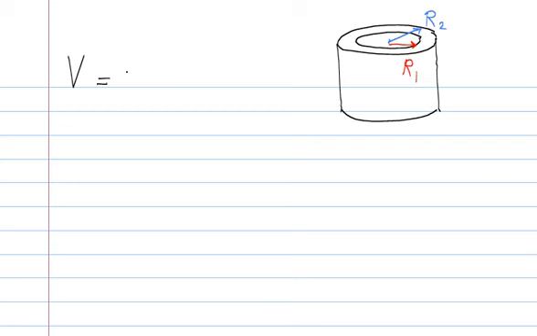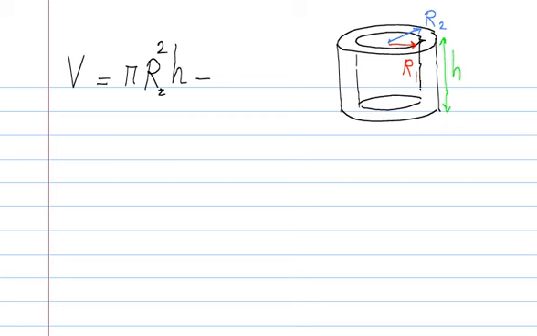You remember the volume of a cylinder was pi radius squared times the height. So for the outside, the radius will be R2, so pi R2 squared times the height h, and then I go ahead and remove the volume of the interior cylinder. Presumably this has been removed. So that's going to be pi R1 squared times h.